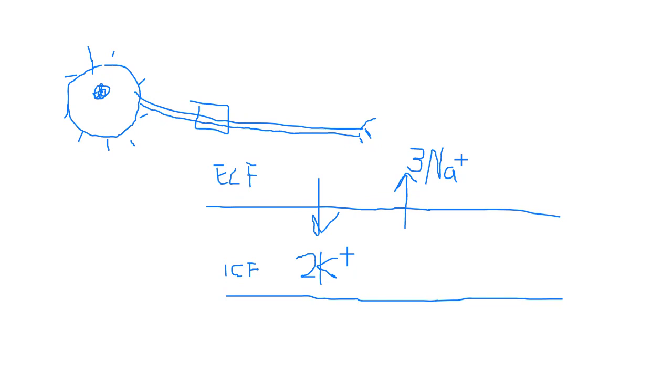So knowing this, we can see that there are more positives leaving, 3, than entering, 2. So every 3 that go out, 2 positives come in. So more positive charges are in the extracellular fluid, versus the intracellular fluid has more negative charges.